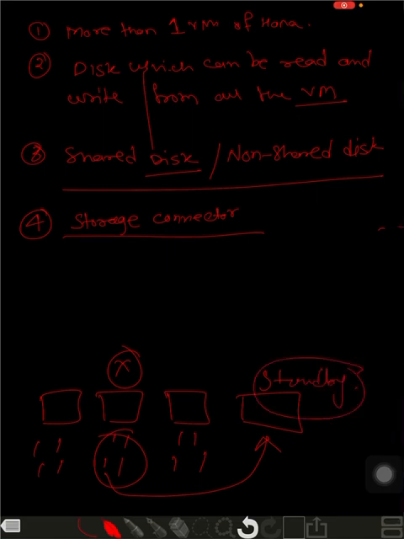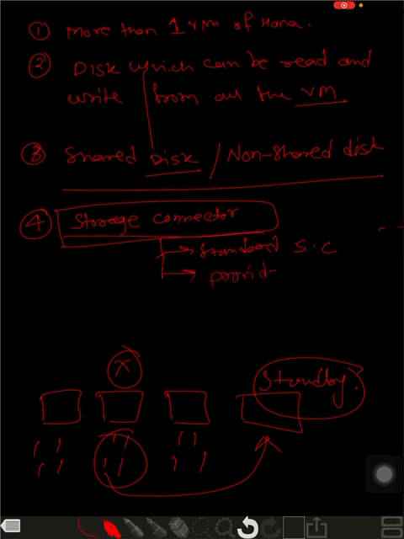This function is done by the storage connector. There are two types of storage connector. One is the standard storage connector, and another is provided by different cloud providers or infrastructure providers, if you are planning to install your database in the cloud.